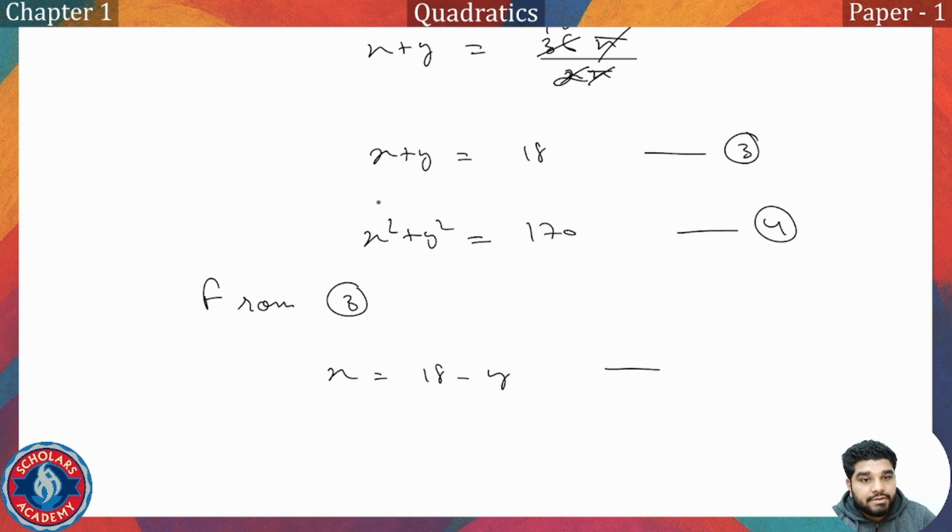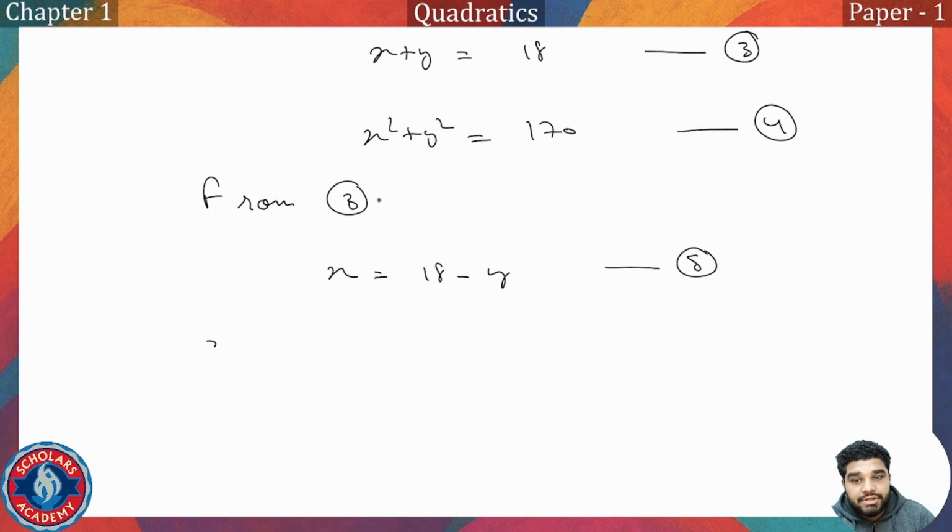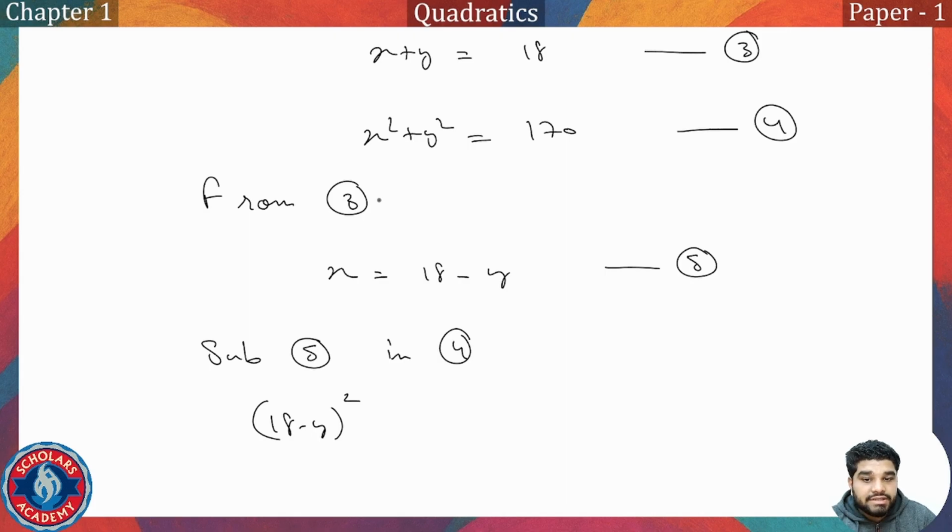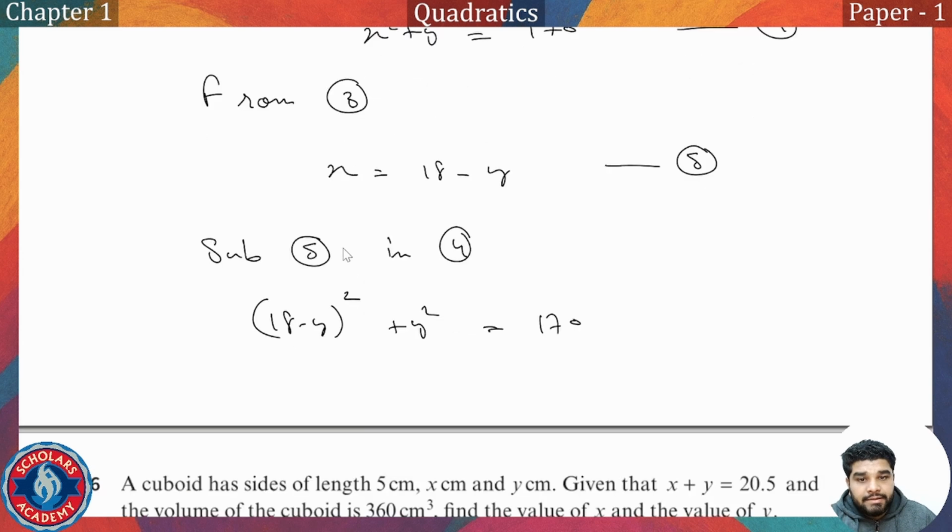I can mark it as equation number 5, and substituting equation number 5 in equation number 4, I get 18 minus y whole square plus y square is equal to 170, right? So this is what I'm getting.